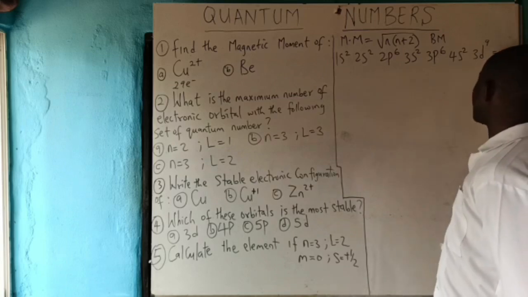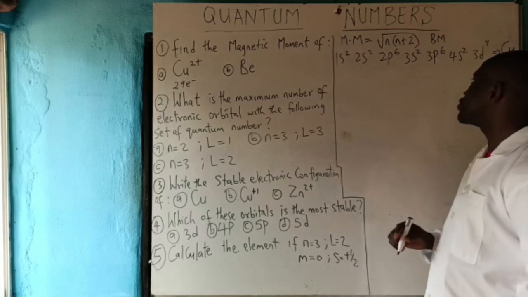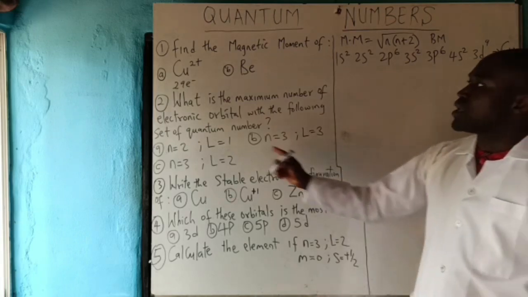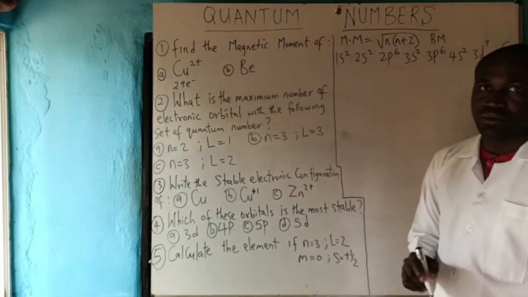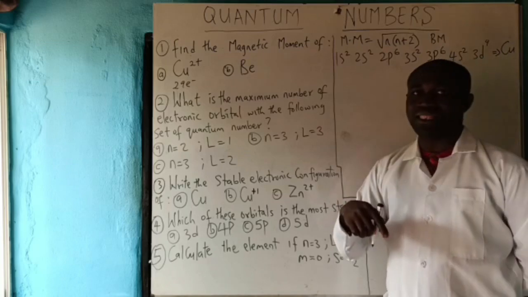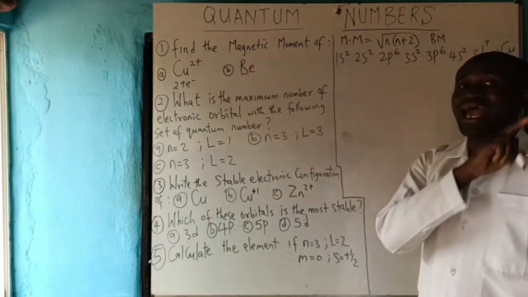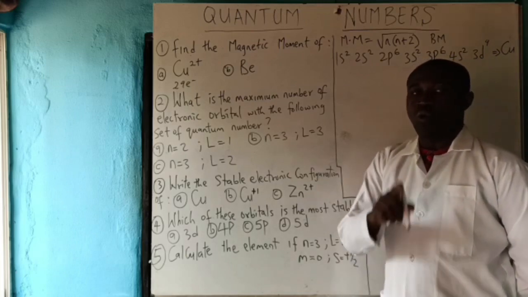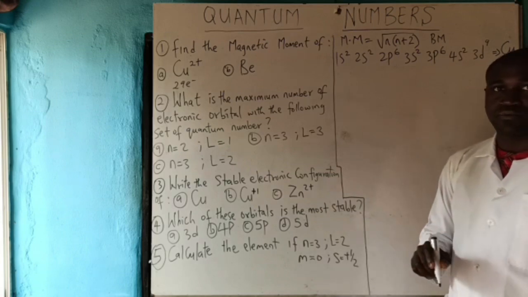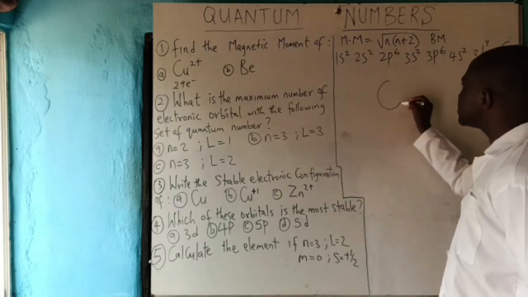So this is the electron configuration of copper, so to speak. And so what do we mean by copper 2 ion? Copper 2 ion simply means that copper as a metal is going to lose 2 electrons. From where? From the outermost shell. What is the outermost shell of copper in this electron configuration?